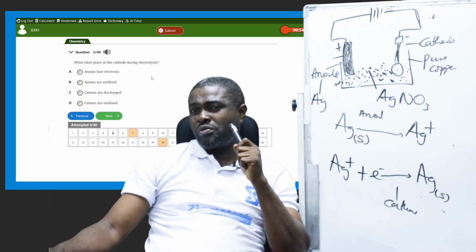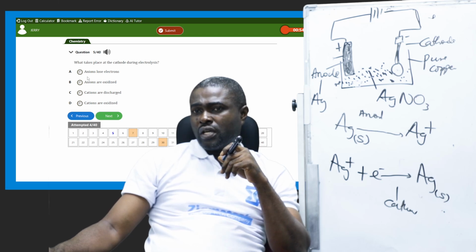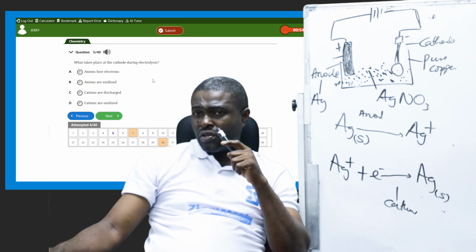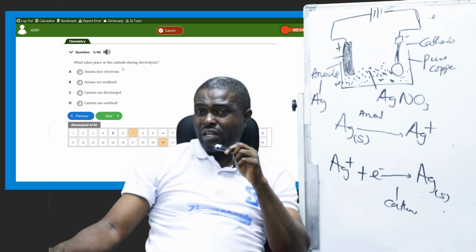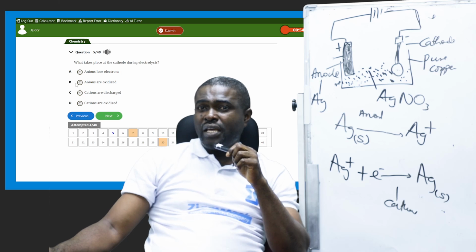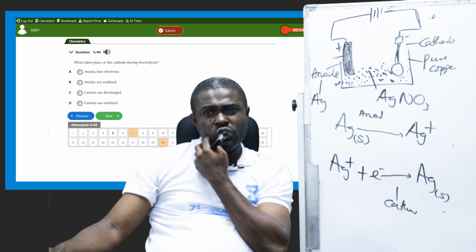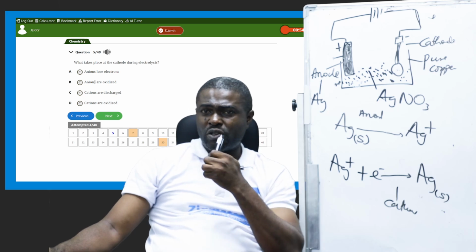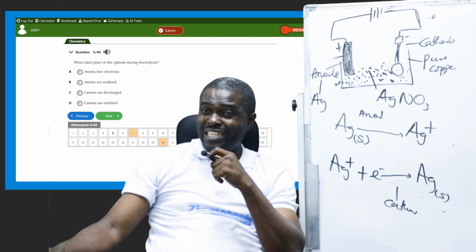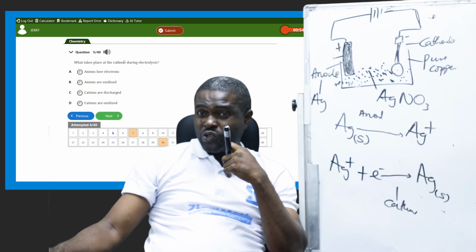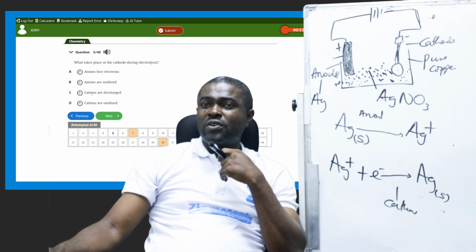So let's go through the options. Option A is anions lose electrons at the cathode. At the cathode, what happens? There is gain of electrons. So there's nothing like that. B, anions are oxidized. Anions do not even go to the cathode because anions are negative, and the cathode is a negative electrode. So let's go to C. Cations are discharged.